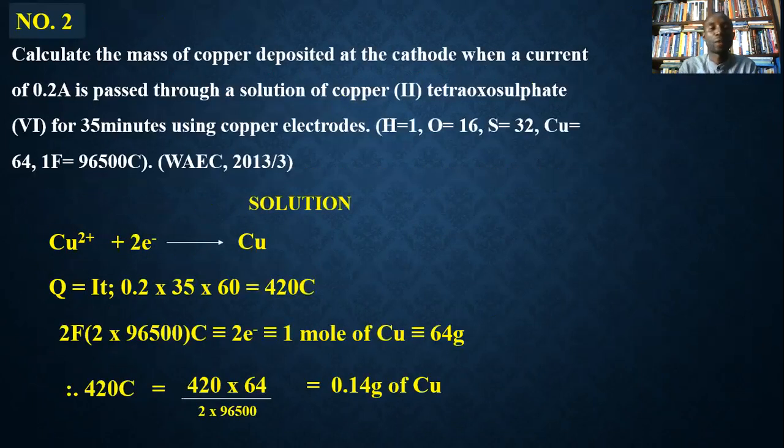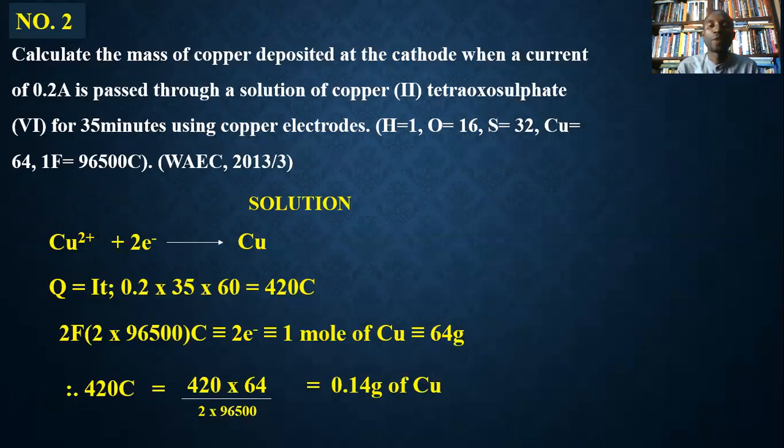Let's take another calculation. Calculate the mass of copper deposited at the cathode when a current of 0.2 ampere is passed through a solution of copper 2 tetraoxosulphate 6 acid for 35 minutes using copper electrodes. This is WAEC question 2013, number 3.